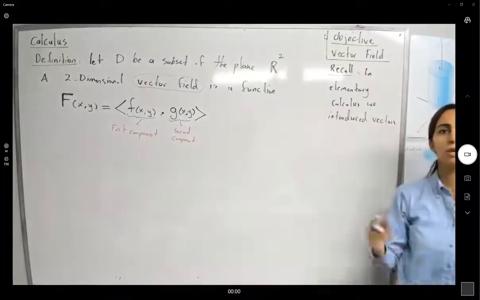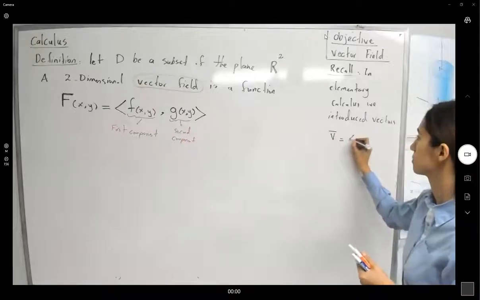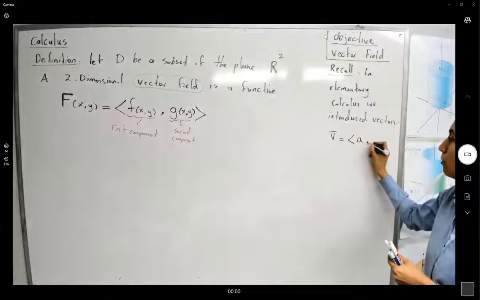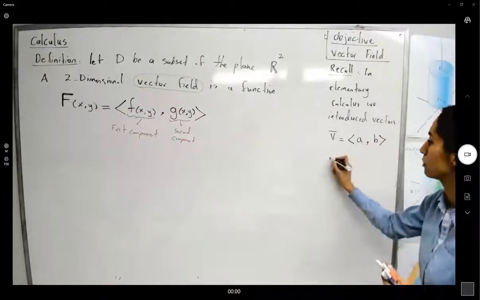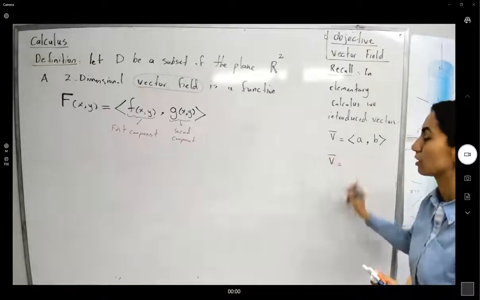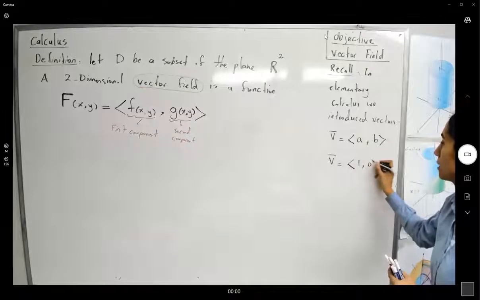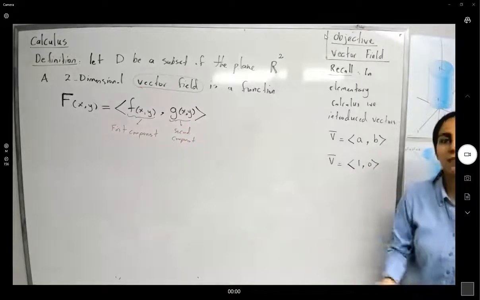You said that a vector like v has first component a, second component b. Or, for example, if you think about the standard vectors, this is the vector 1 and 0, the vector that represents the x-axis.